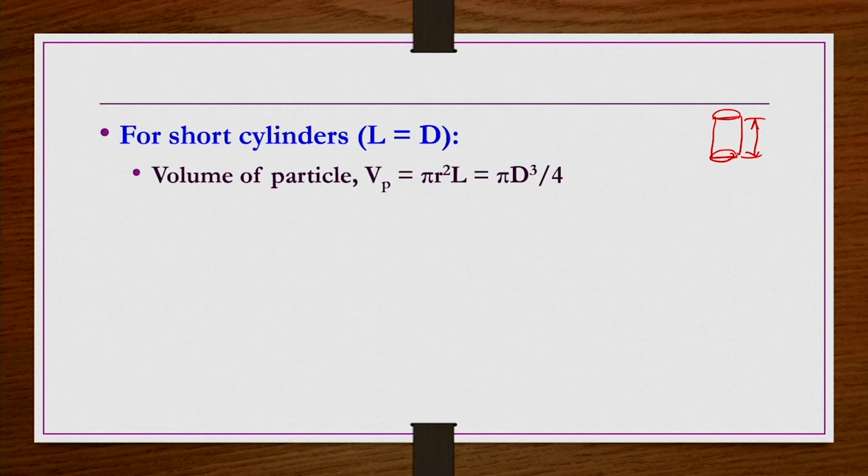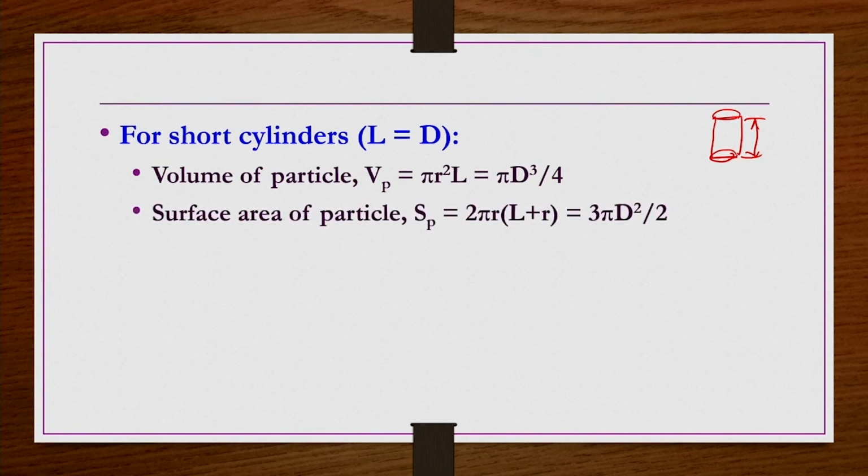The surface area of the particle is 2 pi r L plus pi r square for one circle, plus pi r square for the other circle, that is 2 pi r square plus 2 pi r L, that is 2 pi r into L plus r. When you convert in terms of d, using r equal to d by 2 and L equal to d, you get 3 pi d square by 2.